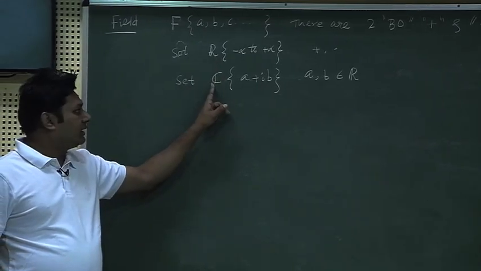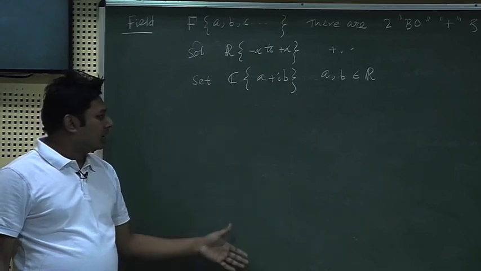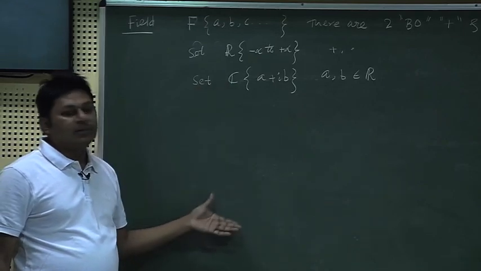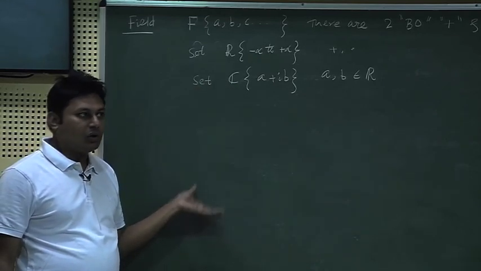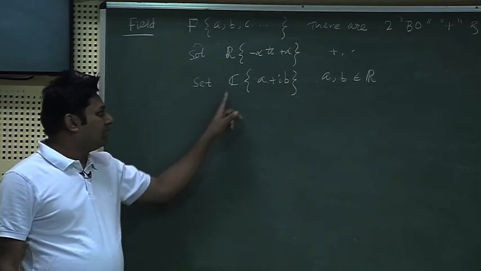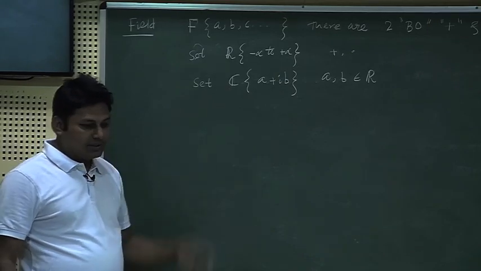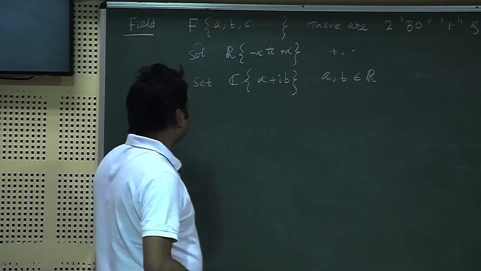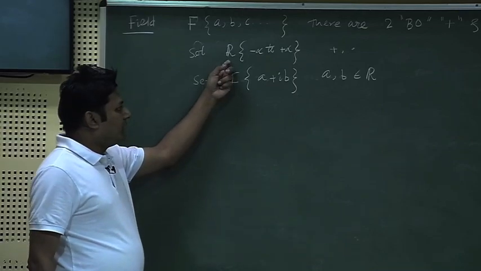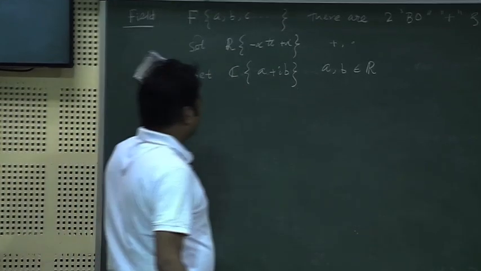In the same way, I need to check all the properties, all these 10 or 11 properties, and if you do that, you will find that C, the set of complex numbers, can also form a field. We need to know that the real numbers can form a field as well as the complex numbers.